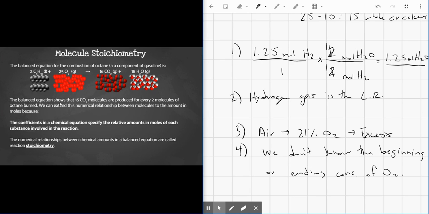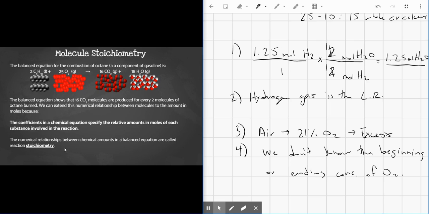Okay, the balanced equation shows that 16 CO2 molecules are produced for every 2 molecules of octane burned. We can extend this numerical relationship between molecules to the amount of moles because the coefficients in a chemical equation specify the relative amounts in moles of each substance involved in the reaction.